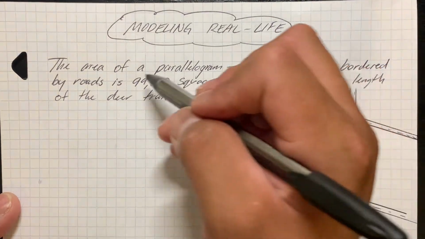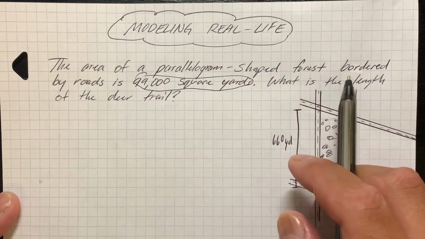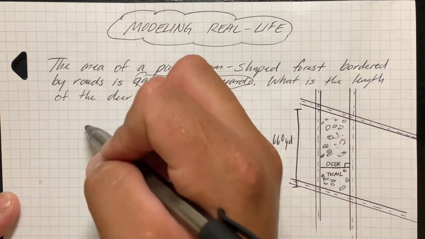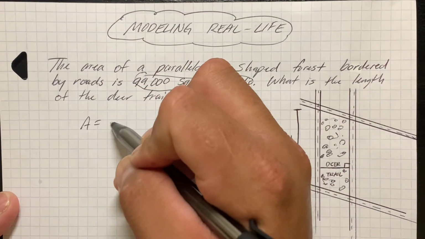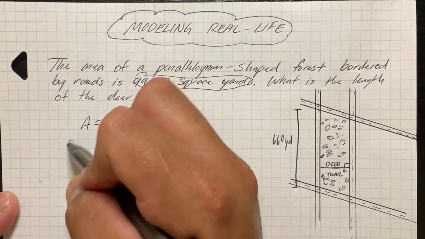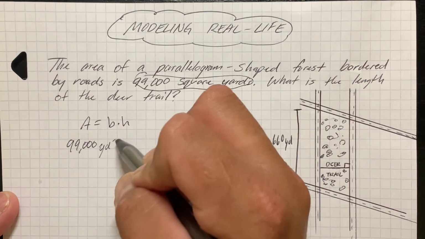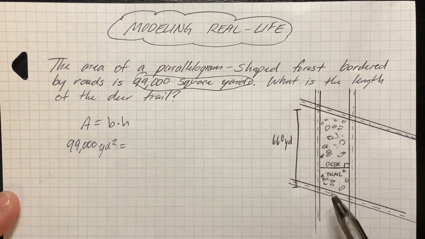And it told us the area. It says the area of this parallelogram shaped forest bordered by roads. So again, write the formula, area equals base times the height. Now the area is going to be 99,000 square yards. And let's see here. So other clues, it does tell us the base of this.